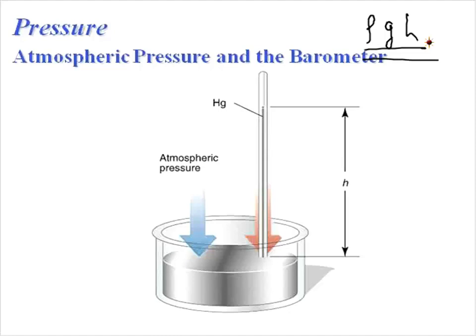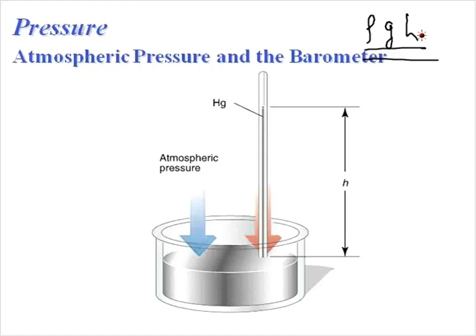But just think, if we use water for this experiment, how high will it climb? Water is 13.6 times less dense than mercury. That means g is not going to change. That means h should be 13.6 times more to measure the same pressure.